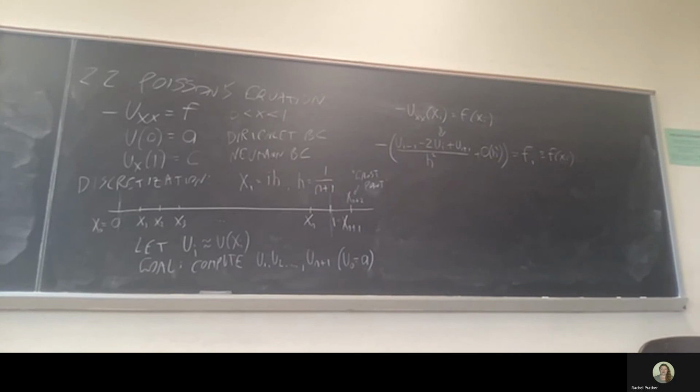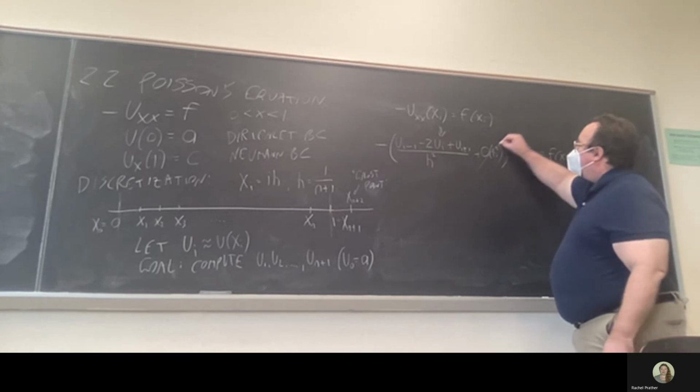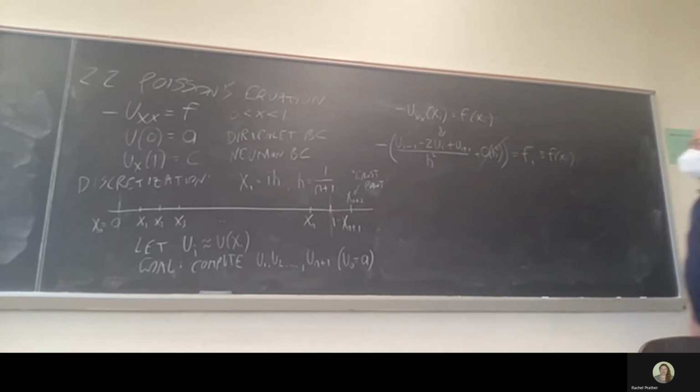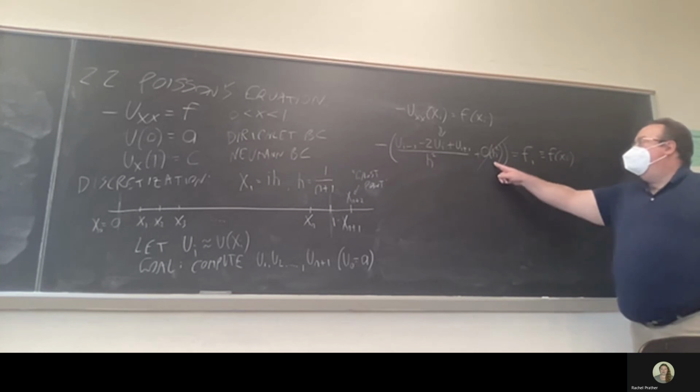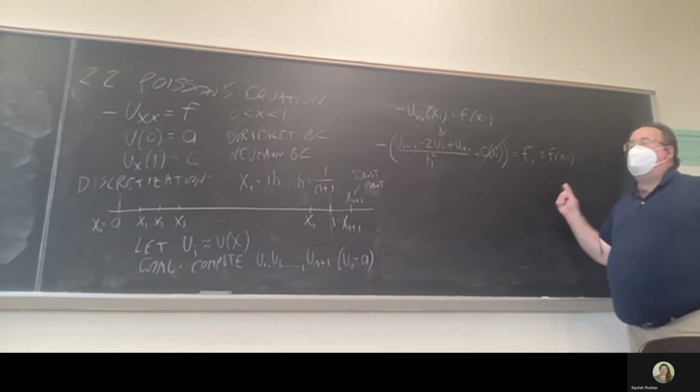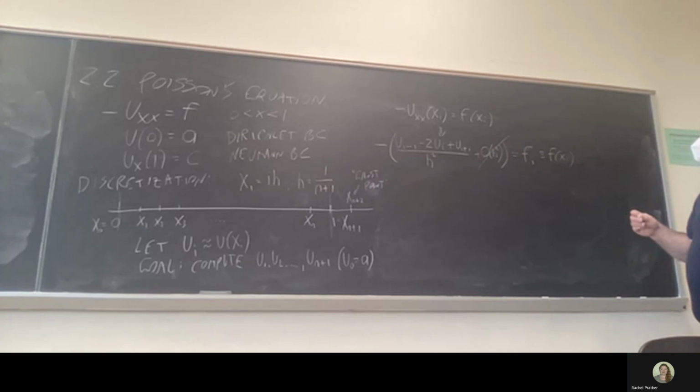Now, everything I've written here so far is exact, but what we're going to end up with is just an approximation. We're only going to be able to solve for u approximately. So we neglect this, and our system of equations will come from that. Because I'm neglecting this, that's why we're only going to get an approximate solution.